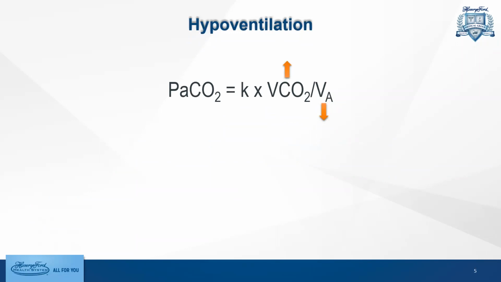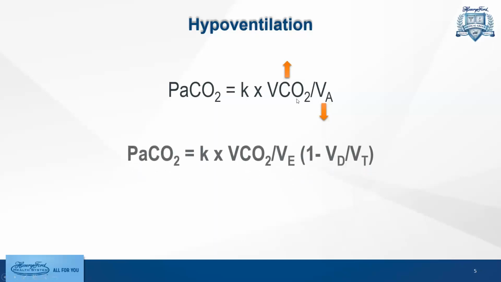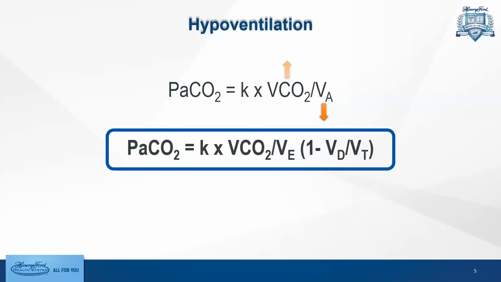So what can cause CO2 to be elevated in the blood? Overproduction of CO2, which is usually not really a big issue unless you have problems with ventilation, and decreased alveolar ventilation. Again, calculation. So what can cause your minute ventilation to decline here? Decreased respiratory rate, decreased tidal volume, elevated dead space.